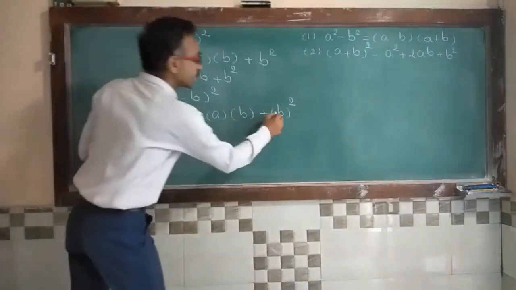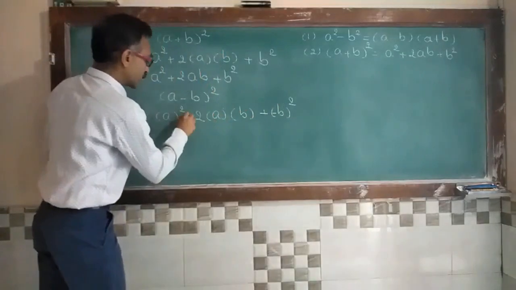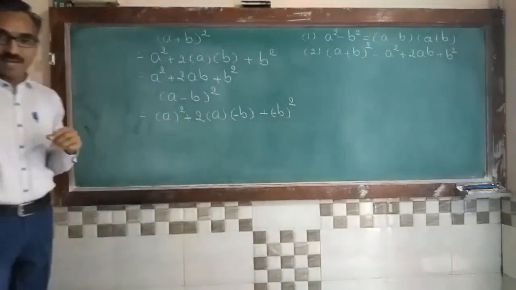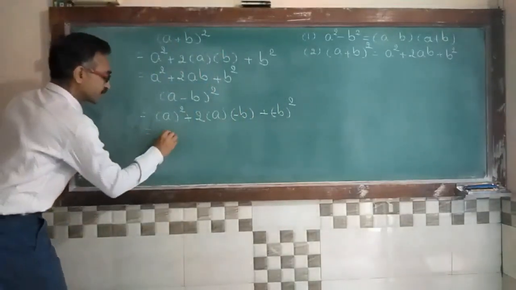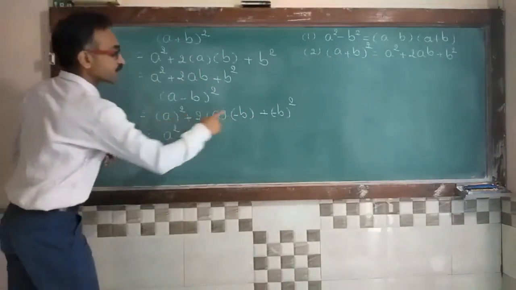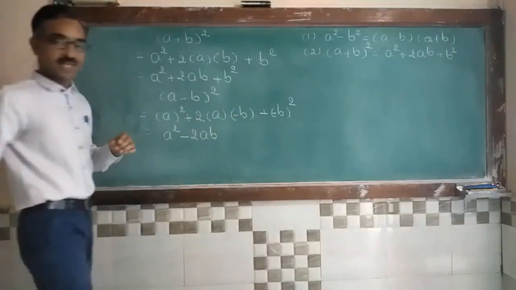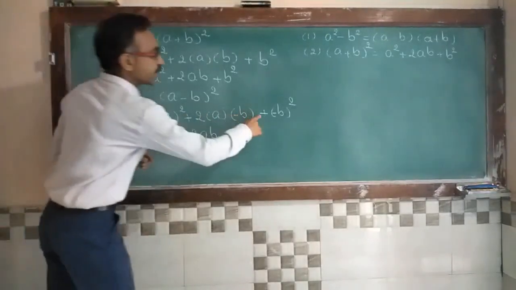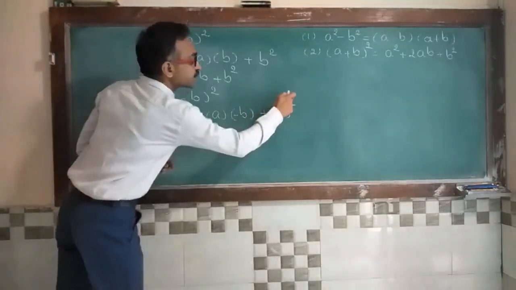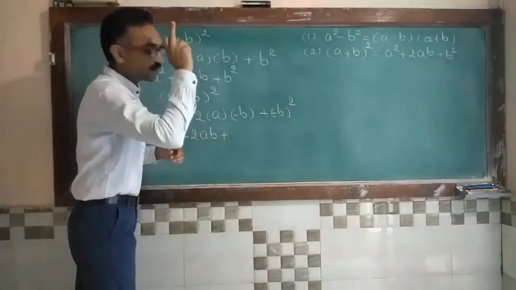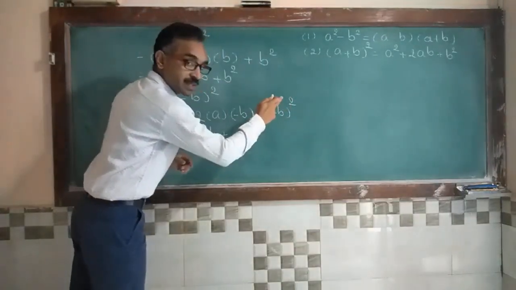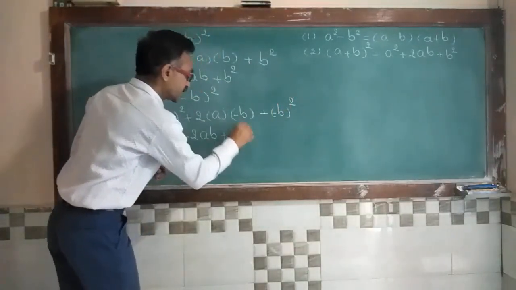Or you can write a square plus minus 2ab, plus minus b whole raised to square. We know that minus minus is plus, so b square.